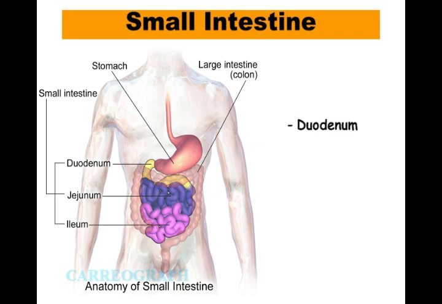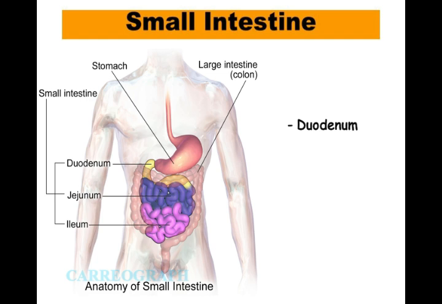This duodenum is the upper part which receives bile from the gallbladder and pancreatic juice from the pancreas at the ampulla of Vater. This ampulla of Vater is in the duodenum, where the bile and pancreatic juice come and mix with food.